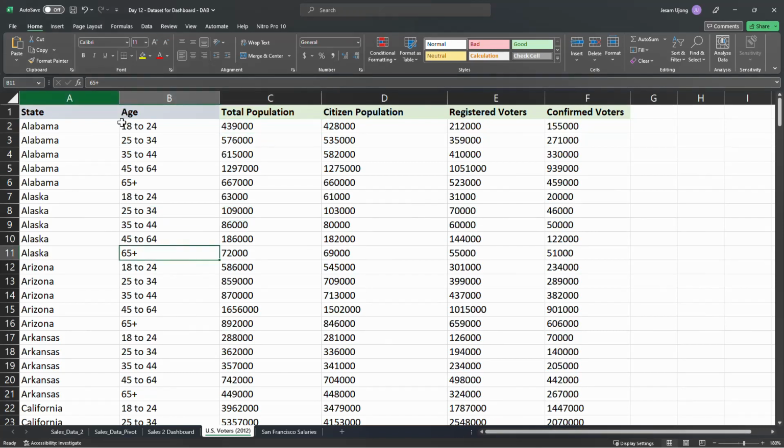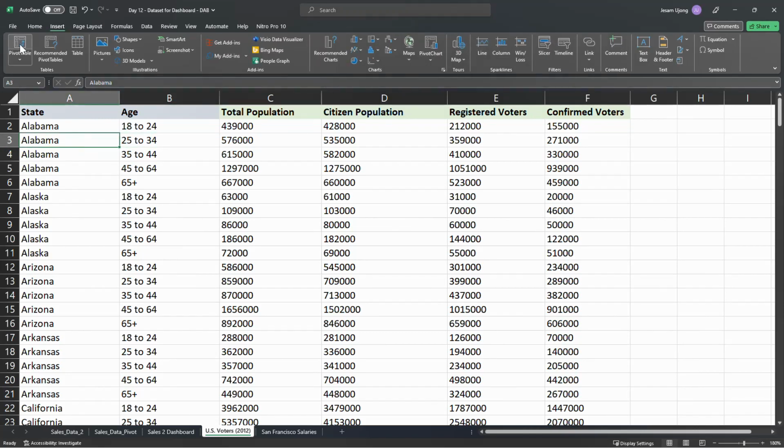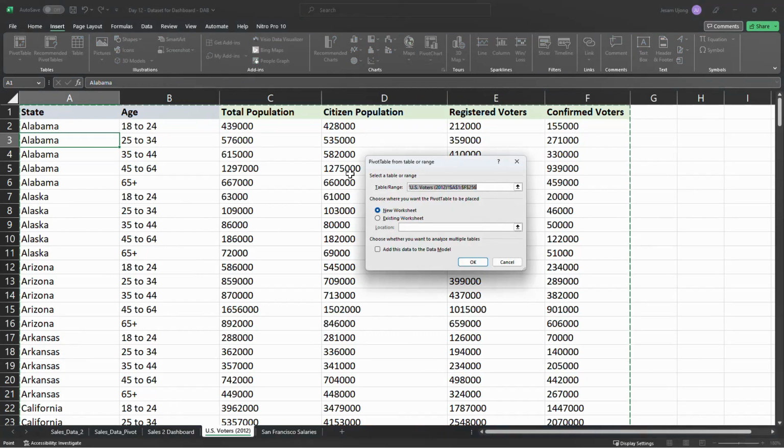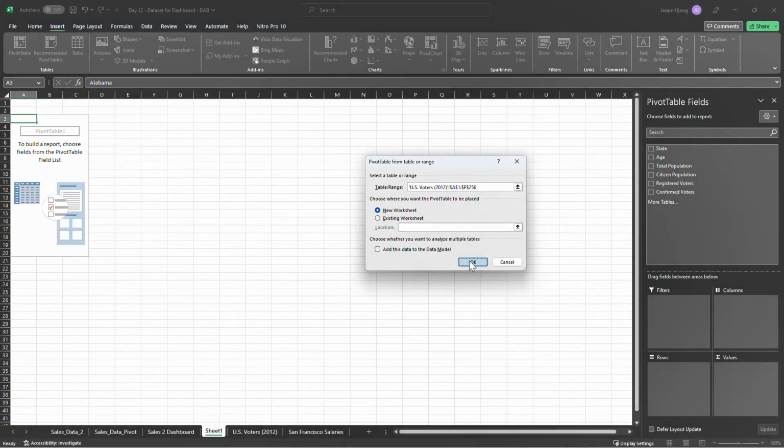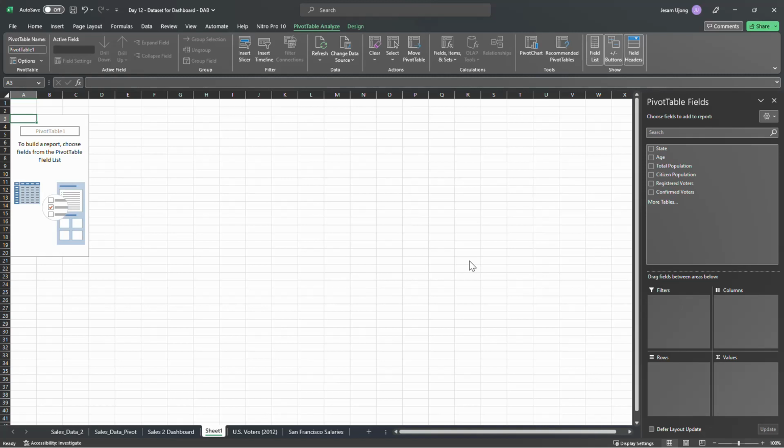Now we all know how to put a pivot table. Click anywhere in the data set, go to insert, click on pivot table, and okay. I said I was going to show you data models today, but maybe I'll shift it to next class so that we don't lose our train of thought.